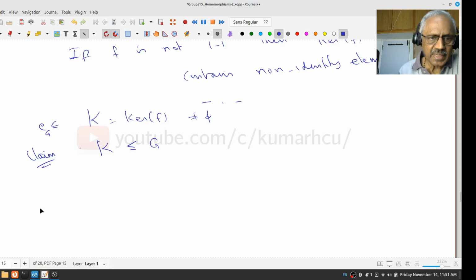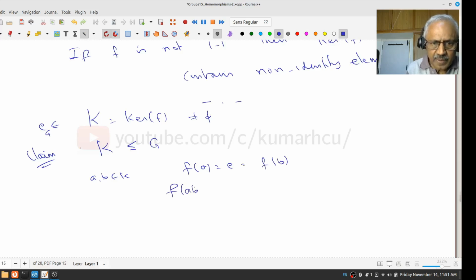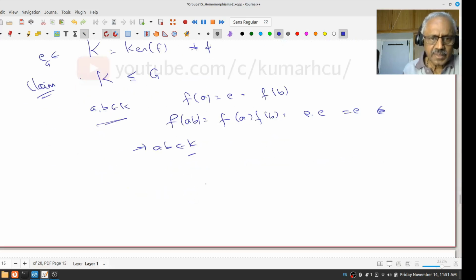Why is that? Suppose I have A and B in K, that means f of A is identity, f of B is identity. Now what is f of AB? f of AB is f of A times f of B, that is identity times identity. Therefore AB is in K. Similarly, let's look at f of A inverse.